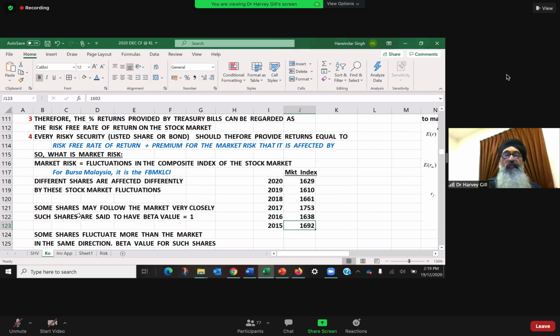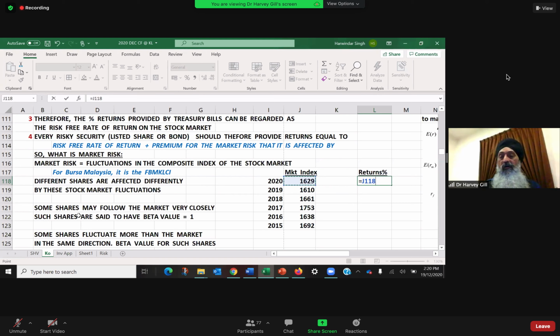So if this is the market index, the returns on the market index are simply the index at the end minus the index at the start, divided by the index at the start. So for 2020, the index at the end, yeah. So if I put here returns percentage, it would be the index at the end of 2020. We are nearly at the end of 2020. 1629.